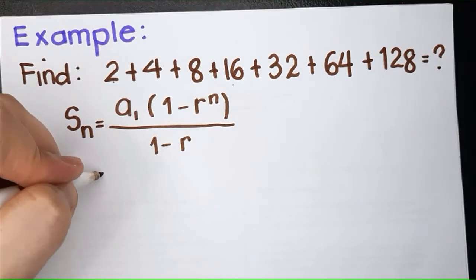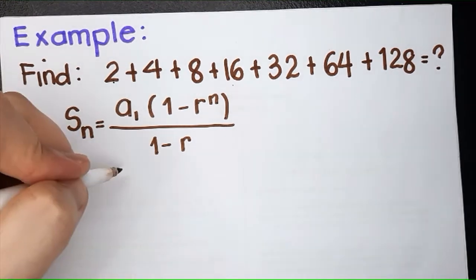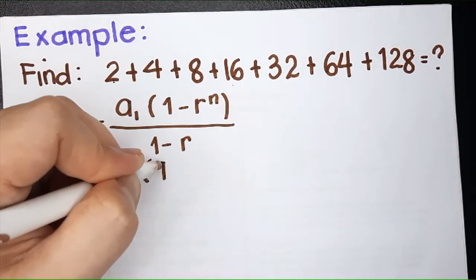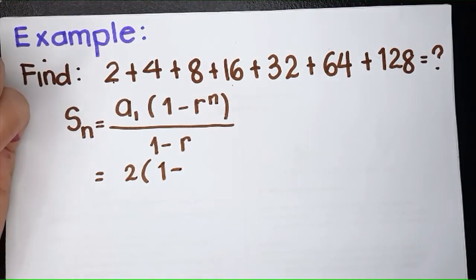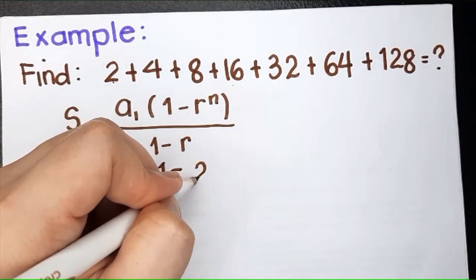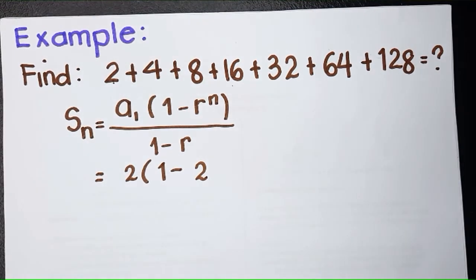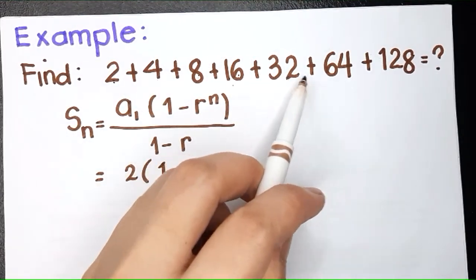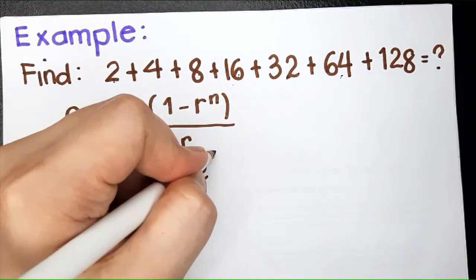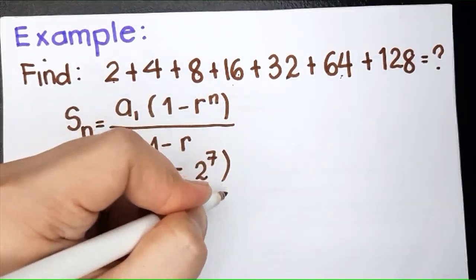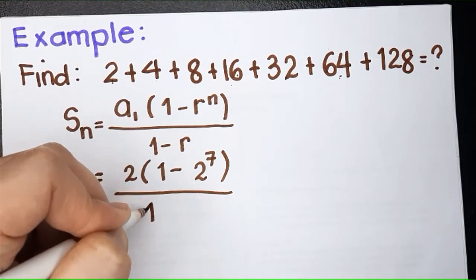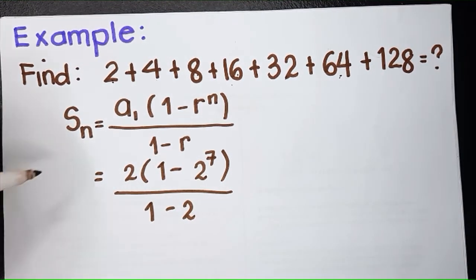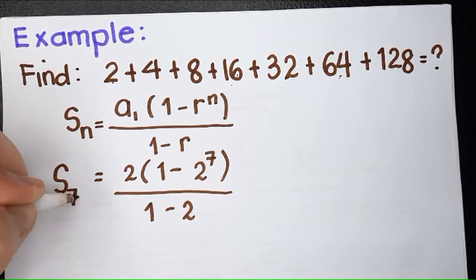Applying that, what is a sub 1? 2. And then, 1 minus, what is the common ratio? 2 rin. How many terms do we have here? 1, 2, 3, 4, 5, 6, 7. So, we have 7, divided by 1 minus 2. Okay? So, this is your S sub 7.